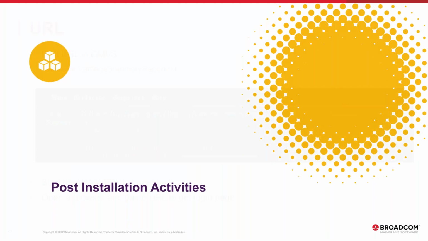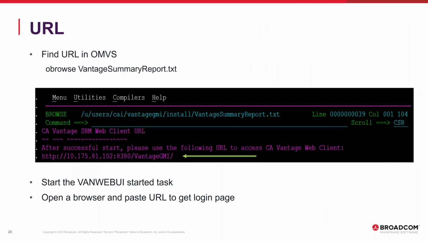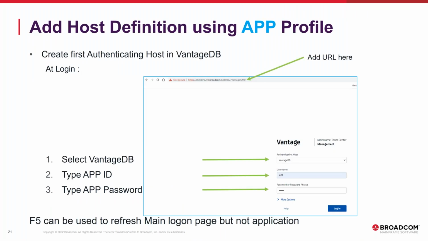So the post installation activities, if you can't find the URL, I've given you the place where you can go find it. When you add your host definition, use the APP ID and you add the URL at the top up here. And then as you can see, you authenticate to the Vantage DB, add your APP ID and password.